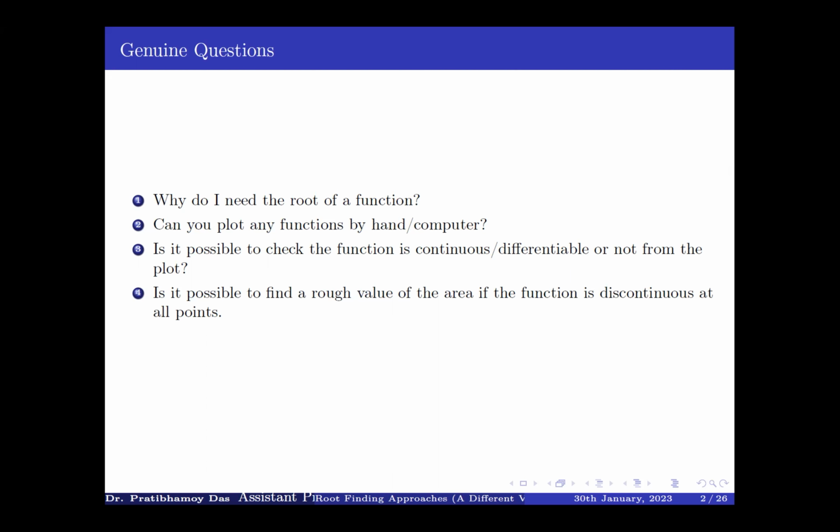That itself means, in some sense, you're finding the root of Ax minus b equal to 0. So if you have a biological network or biological dynamics, you convert a system of differential equations to a system of algebraic equations, and then you find the root of Ax equal to b. That's why we need root finding methods.